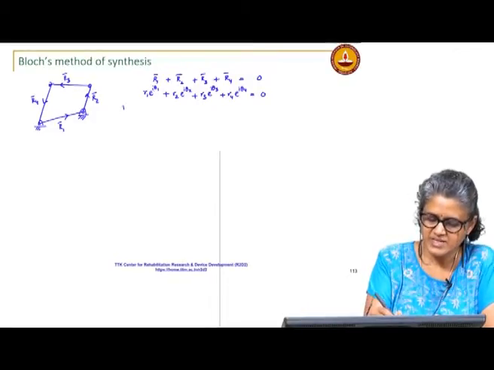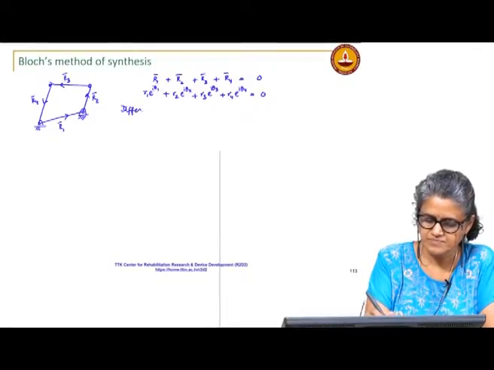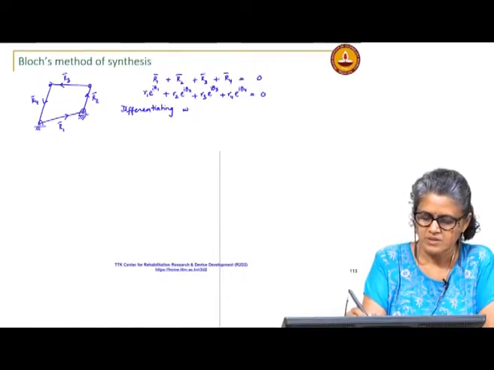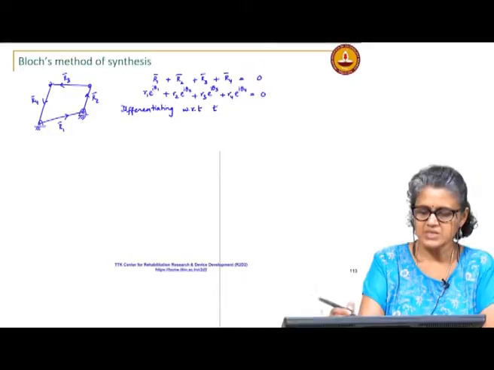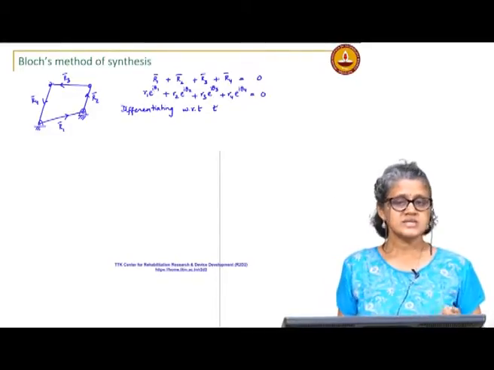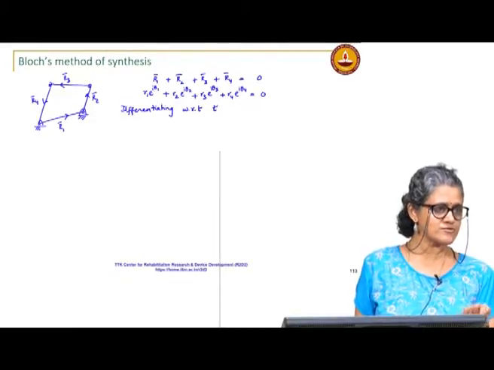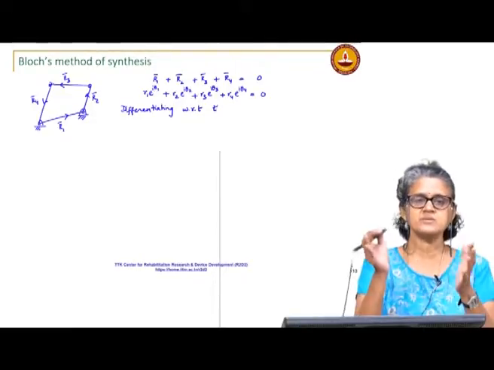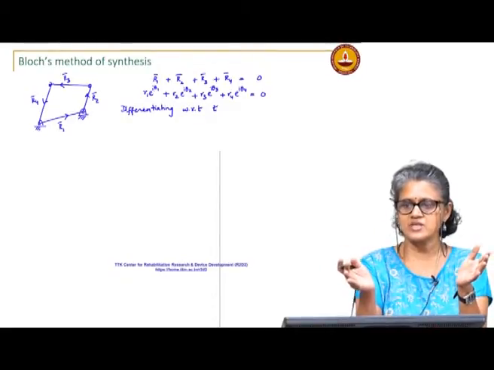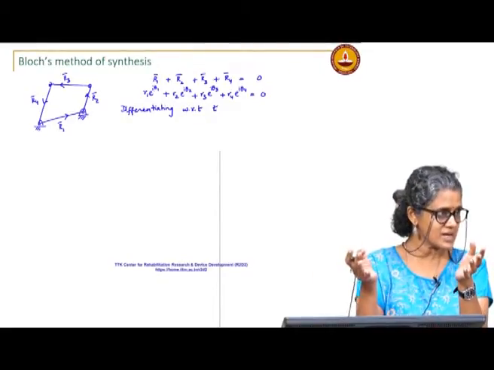I differentiated this with respect to t, because now I want to perhaps specify conditions on the derivatives of the linkage at a particular position. I wanted to have a certain input and output angular velocity or certain input and output angular acceleration.